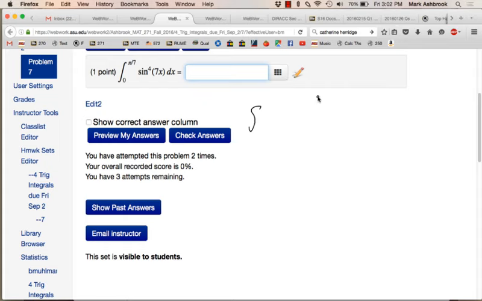So if sine squared of 7x equals 1/2 times 1 minus cosine of, well, 2 times that, so it'd be 14x, right? That's a 14. So that's all of that squared. And then you just have a lot of algebra, but you can do it.